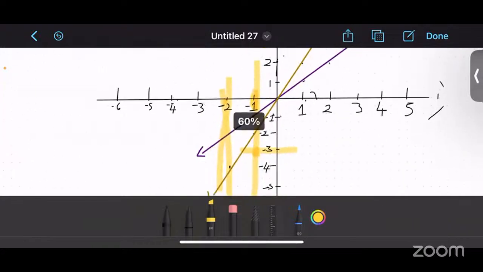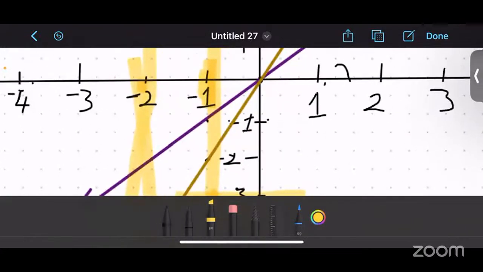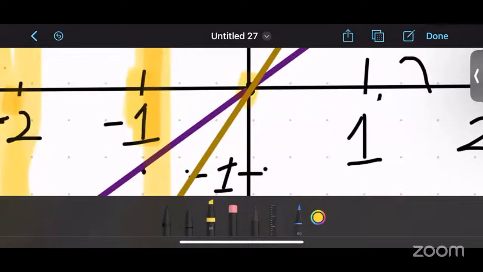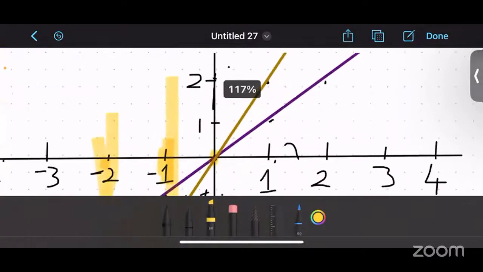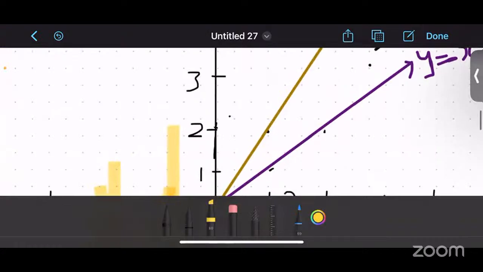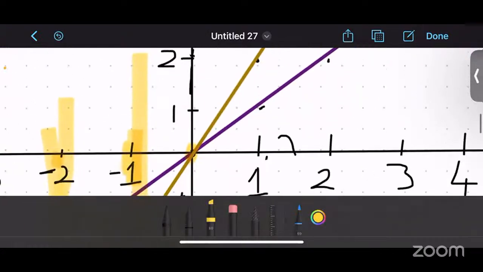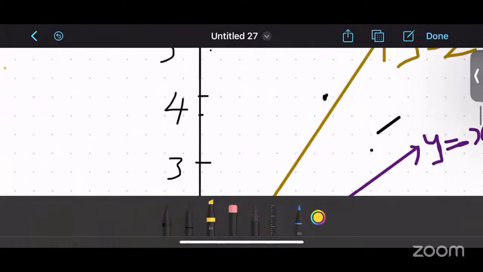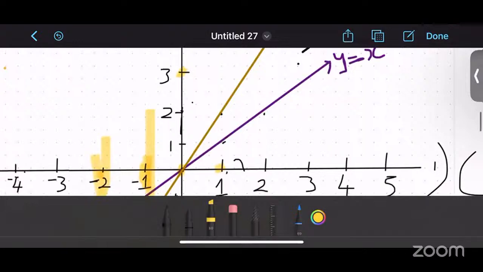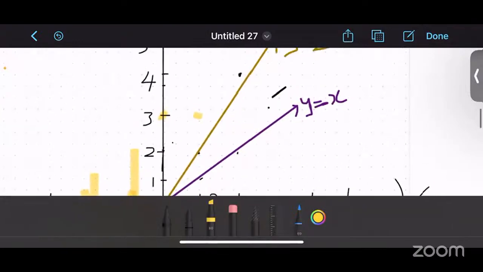And then again, you're going to have a 0 and a 0, which is this one over here. You point it. And again, you have 1 and +3. So this is my 1 and this is my 3, and they meet where? Let's see. They meet here. And again, I have a +2 and 6.